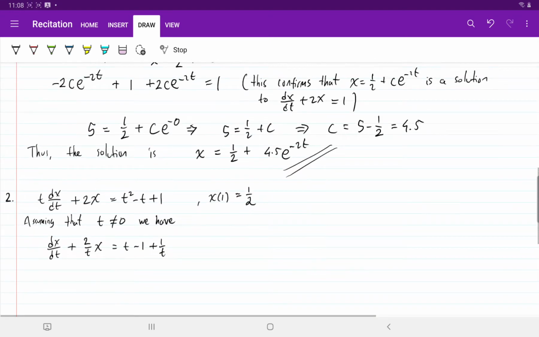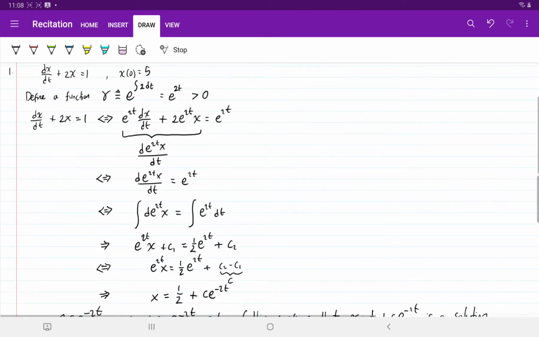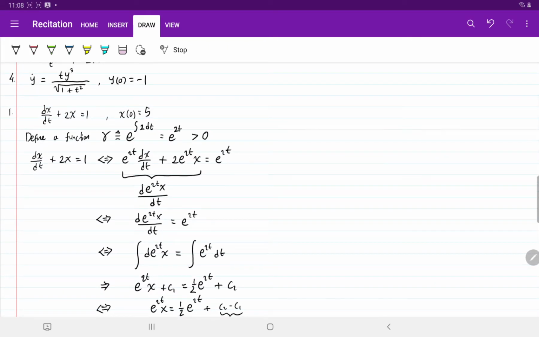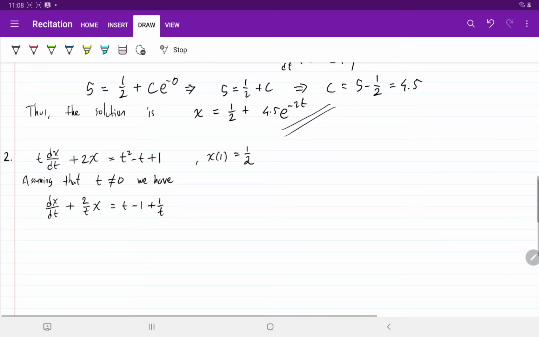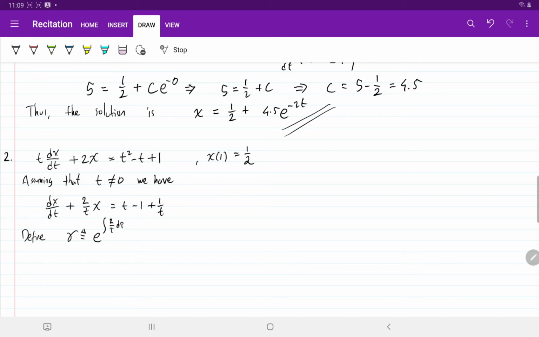So we need to define a new function like this, gamma. So let's define the function. Define gamma as the integral on this term here, right? So e to the power of integral of this term, so let's say it's 2 over tau d tau.